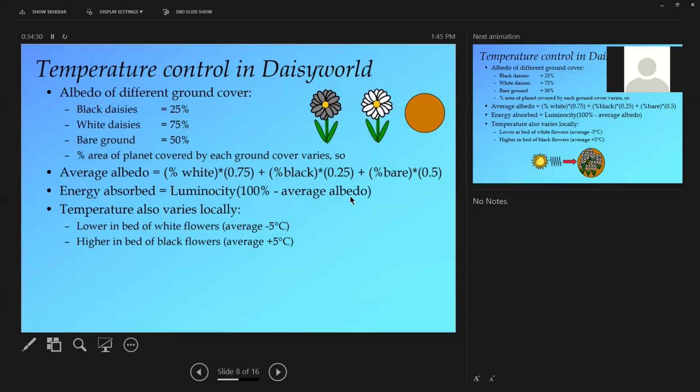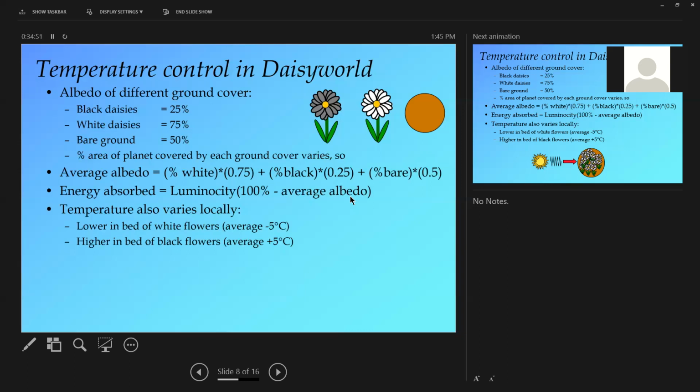So the point is, in this particular model, if you're in a bed of white daisies, your average temperature is decreased by 5 degrees. So it's just cooler in that white bed of daisies. If you're in a bed of black daisies, it's going to be elevated by 5 degrees Celsius.